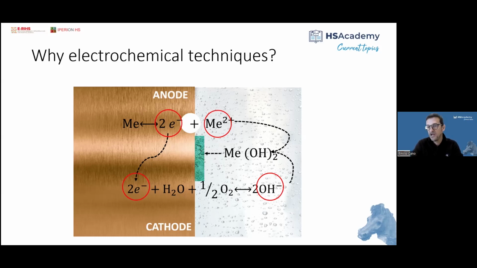That is, we have electrical current. So you can easily understand that if we are able to measure or to control this movement of electrical charges, we will be able to measure or control the corrosion process. And that's the basics of the electrochemical techniques: measuring or controlling the movement of these charges in the anodic and cathodic reactions.